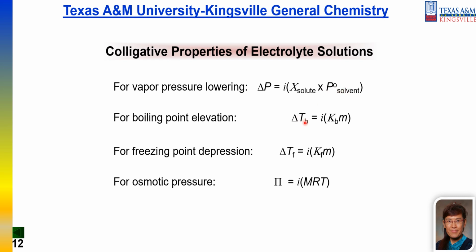Similarly, delta Tb, boiling point elevation, you also need to multiply by the van 't Hoff factor. The freezing point depression is multiplied by the van 't Hoff factor. Similarly, osmotic pressure equals i multiplied by MRT. So this is how you calculate the colligative properties of a solution composed of a strong electrolyte.